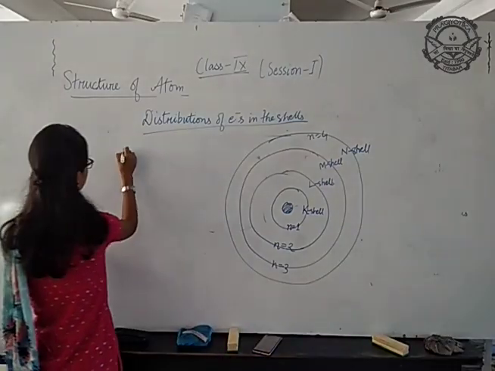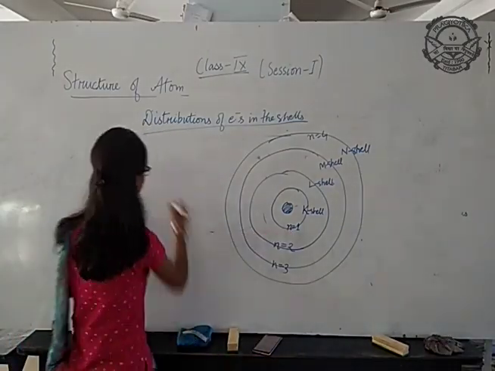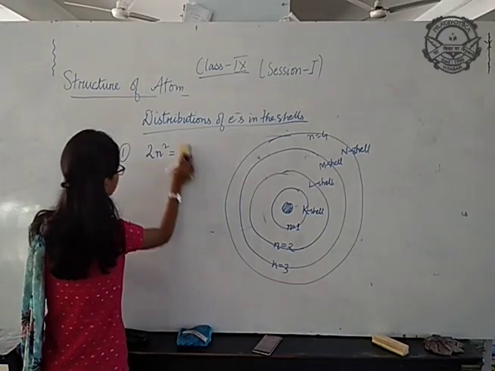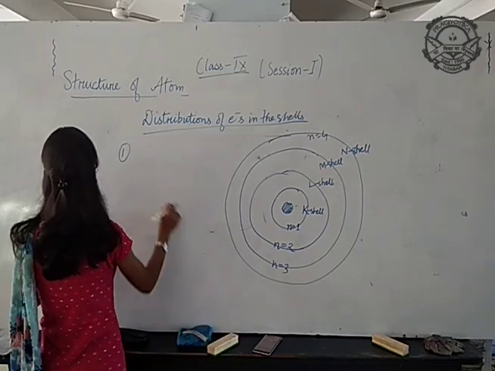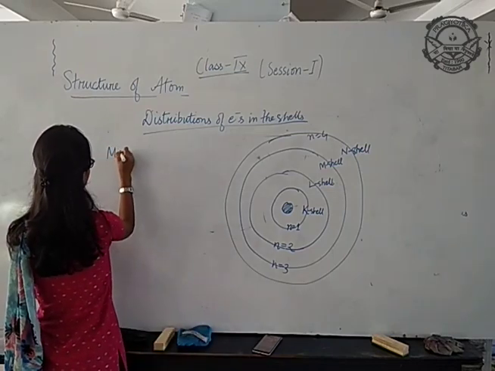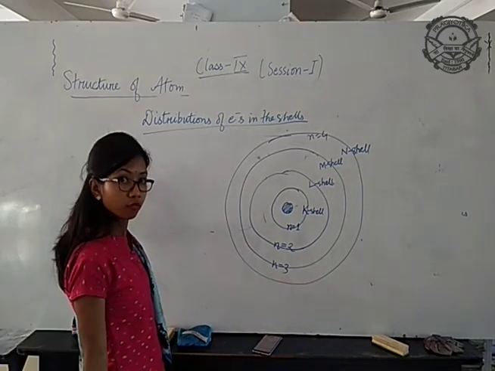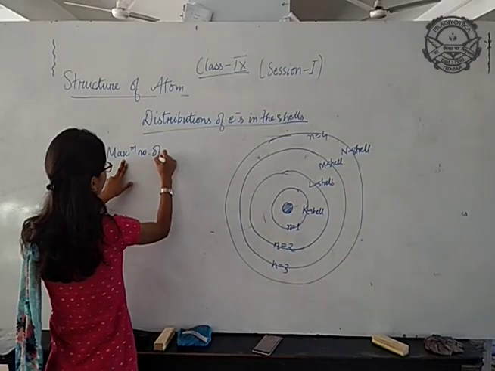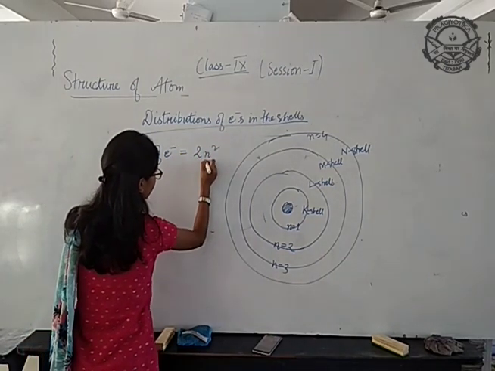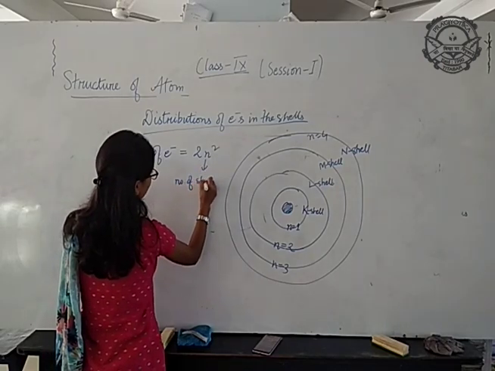The first formula given is 2n square. Okay, maximum number of electrons is given by the formula 2n square. This n is the number of the cell.